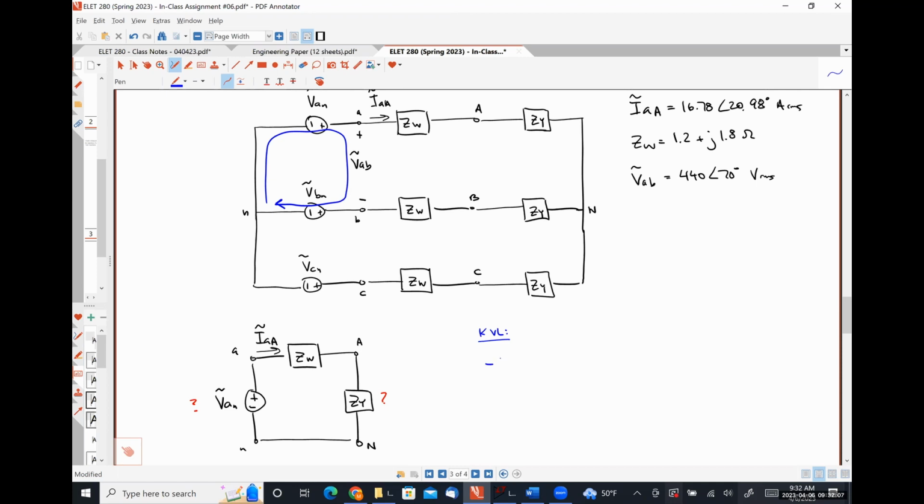So I have negative VAN because I hit the negative polarity terminal first, plus VAB, plus VBN is equal to 0, or VAB is equal to VAN minus VBN. Everybody okay with that KVL equation and the algebra? That's fine.